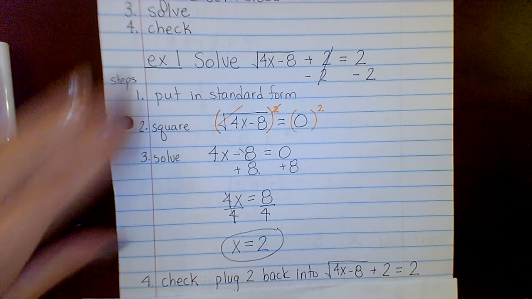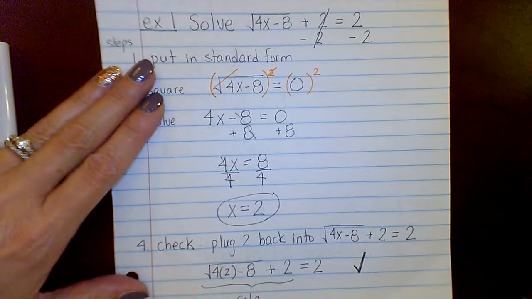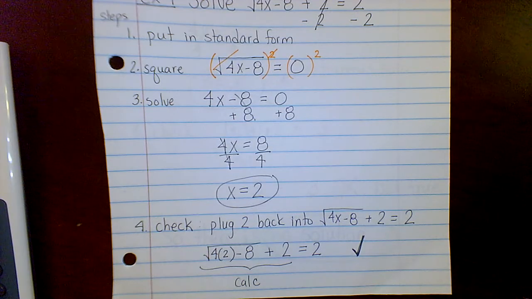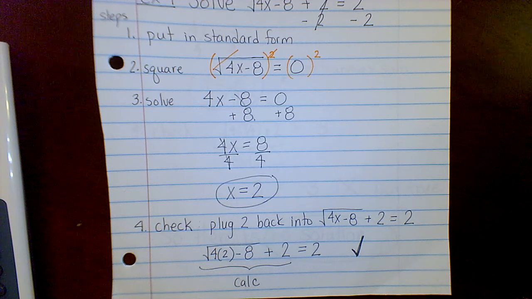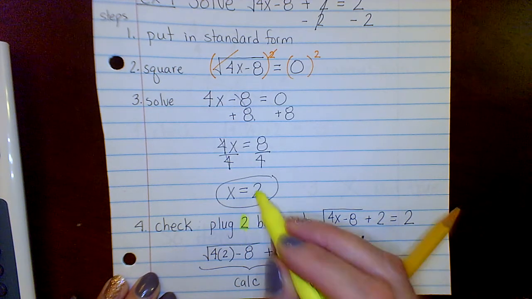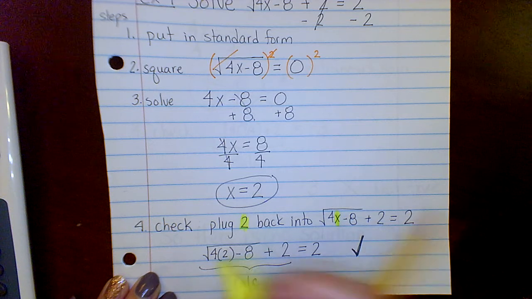Now the step that you're probably going to forget is the checking. We're going to take this answer of 2 and plug it back into the original equation for x. So the square root of 4x minus 8 plus 2 equals 2. I'm going to substitute this answer of x equals 2 right here for x.